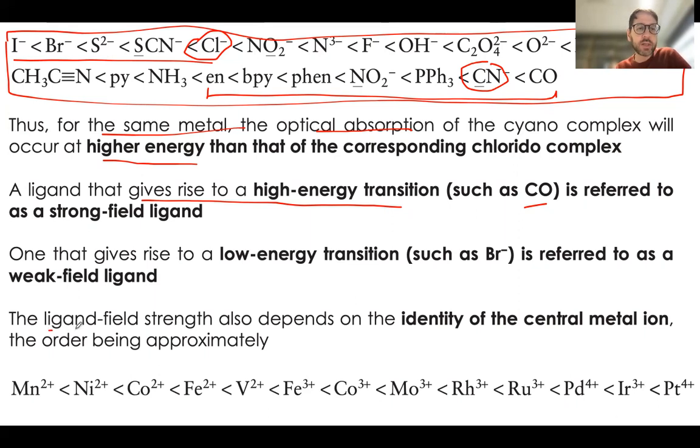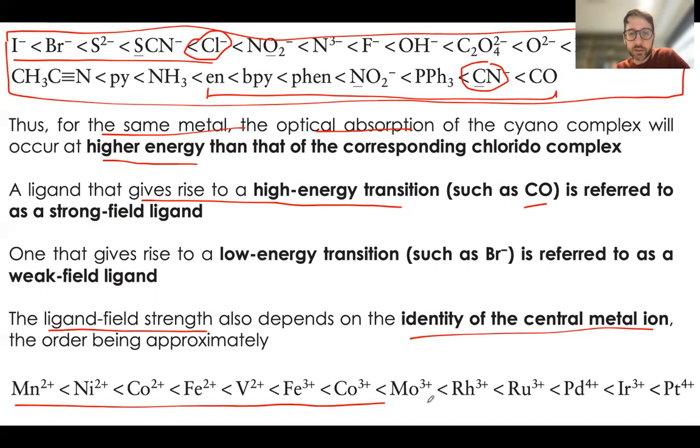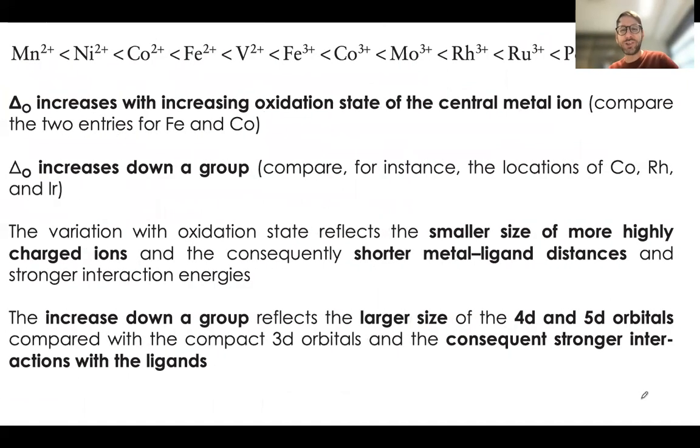And therefore, we can say that the ligand field strength also depends on the identity of the central metal atom or ion, in which the order is approximately what is given here by this series. So we can say that it depends both on the ligands and on the identity of the metal atom as well.